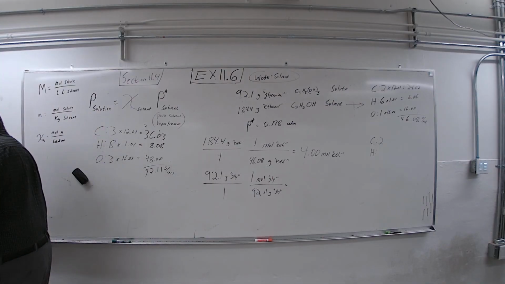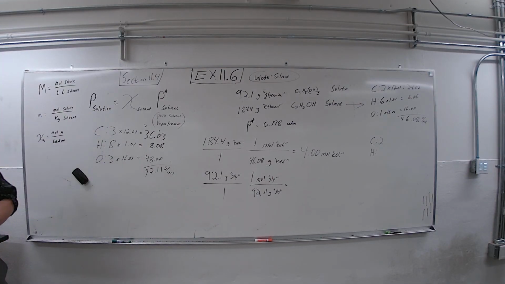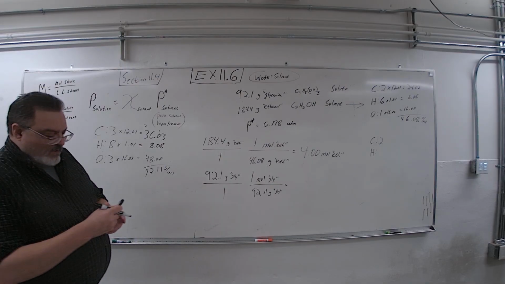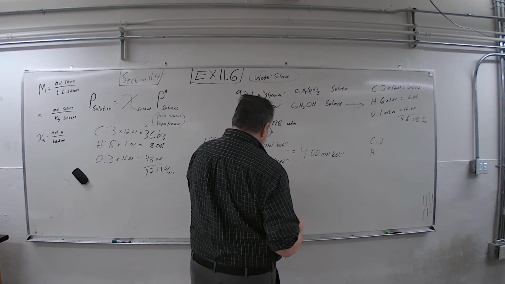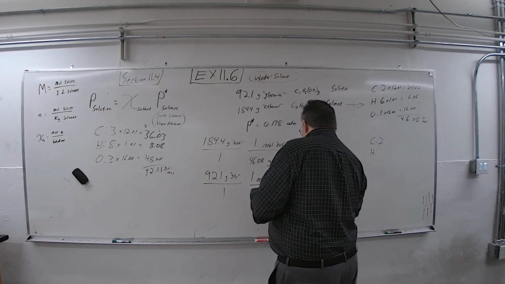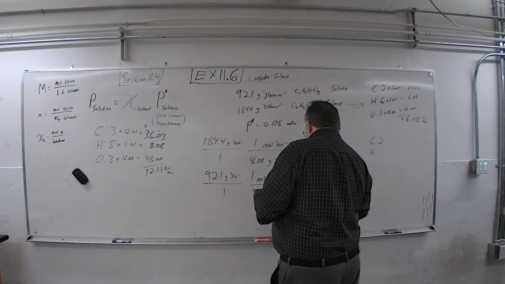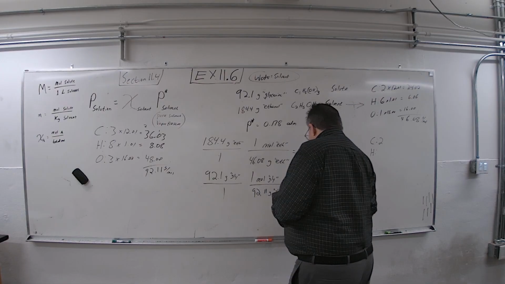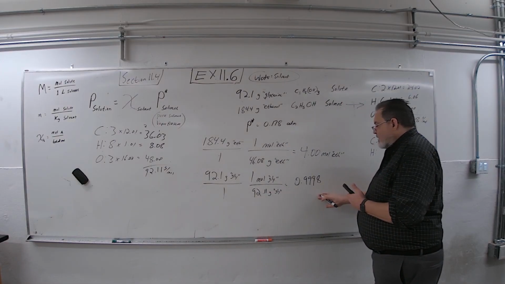I guess that's 1 mole. 92.1 divided by 92.11. My calculator says 0.9998.